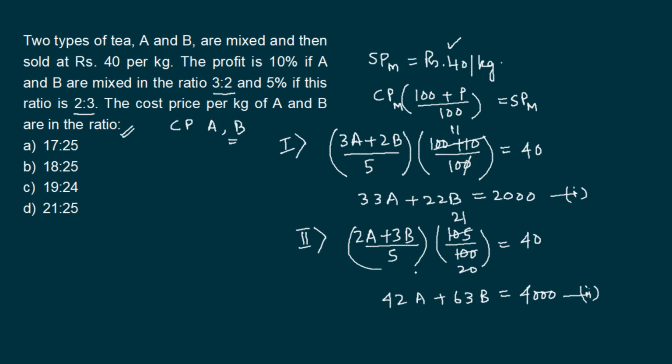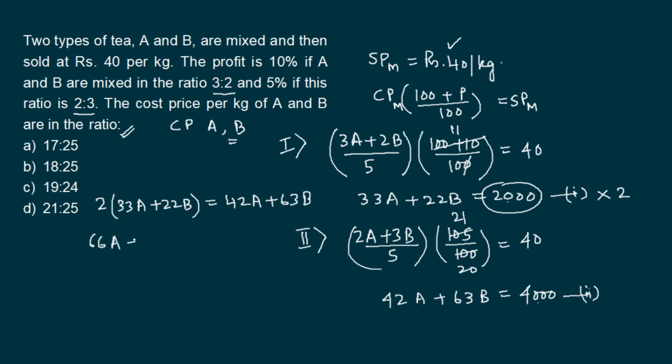So shall I equate 1 and 2? Yes, we can equate it. This is 2000, this is 4000. If I multiply this by 2, then this will also become 4000. So I can equate these two. So what we have after equating 1 and 2 is 2 times 33a plus 22b equals 42a plus 63b. 66a minus 42a is 63b minus 44b.